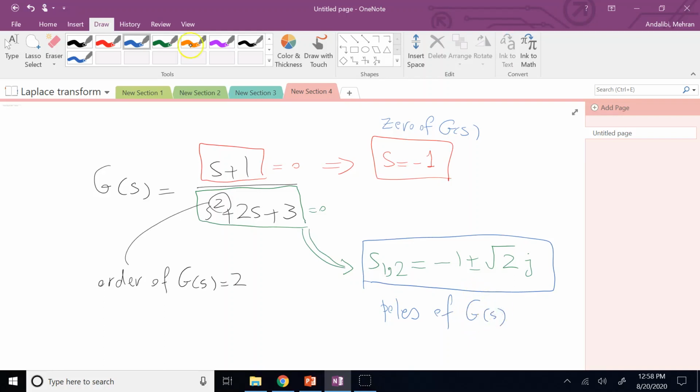Then this polynomial itself in the denominator, this one, what is this? This is the characteristic polynomial of G(s).